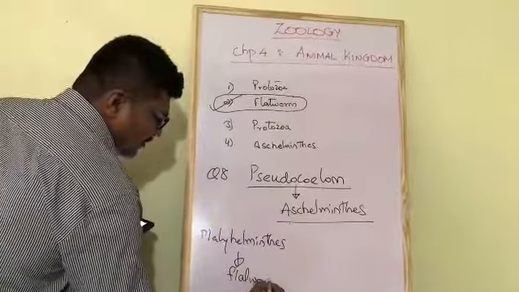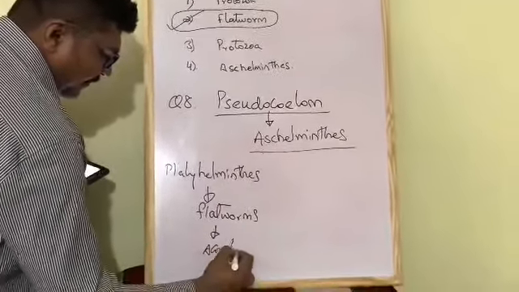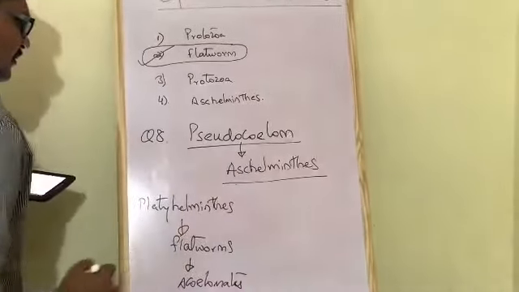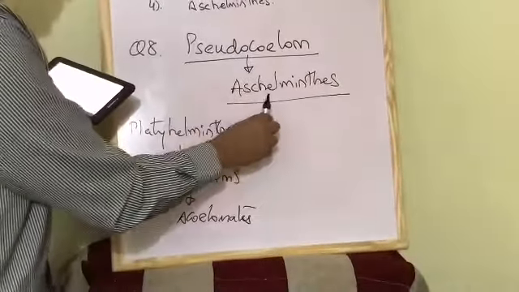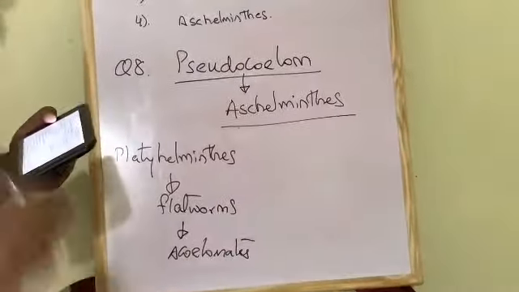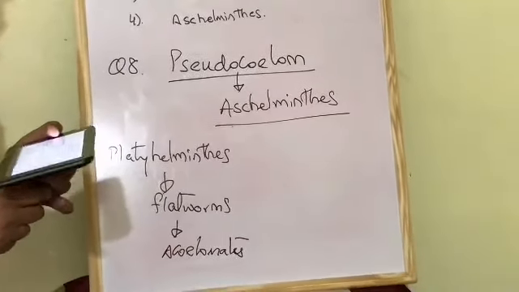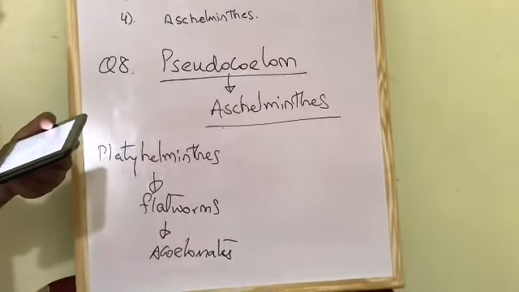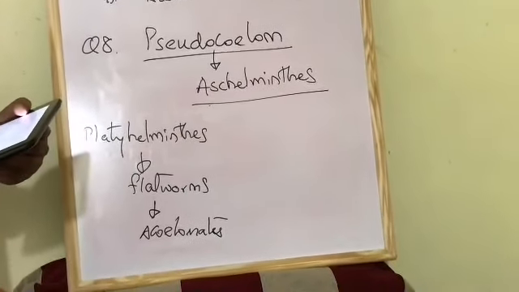And these flatworms are acoelomates. Okay, these are acoelomates. So we need to find out those organisms which are not pseudocoelomate. So question number 8 is asking about non-pseudocoelomate animals. So out of four options, you are supposed to choose which are not pseudocoelomate.